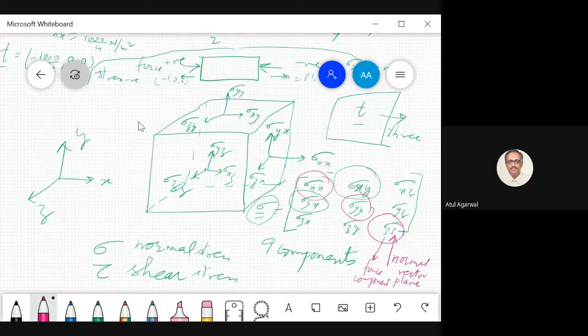So what does this first column represent? What does this first column represent? What does first column of stress tensor represent? Sir, the direction of the stresses in x.